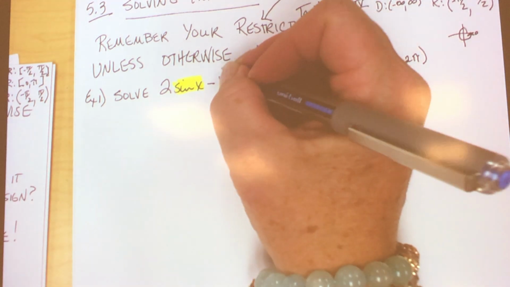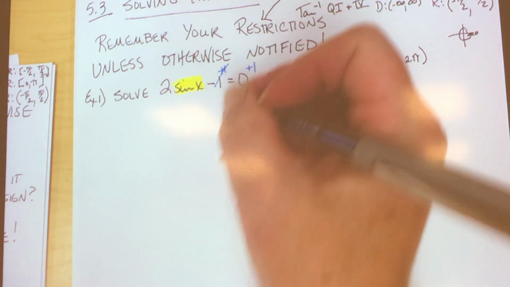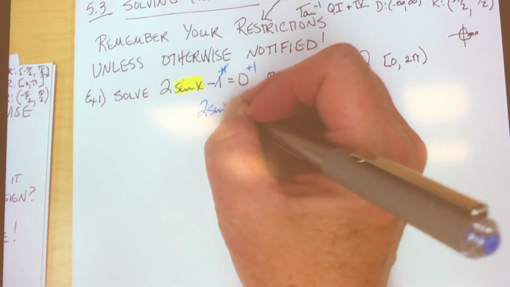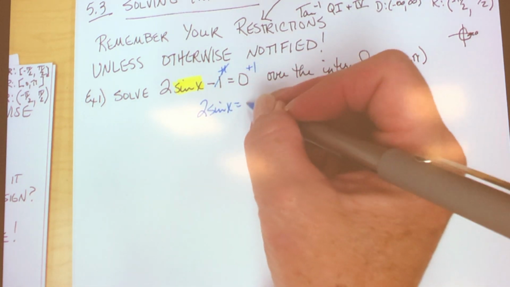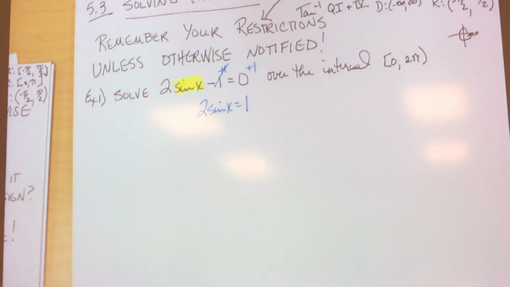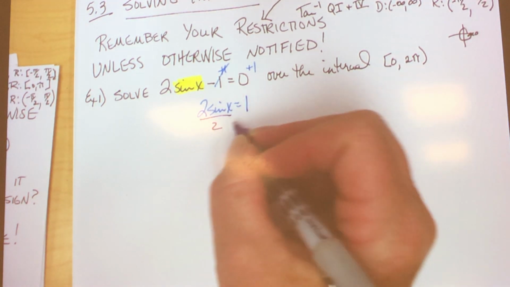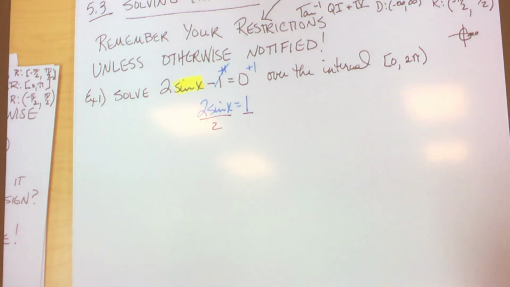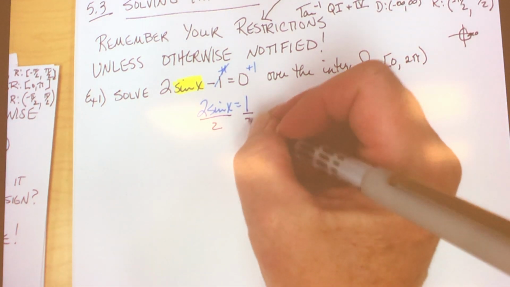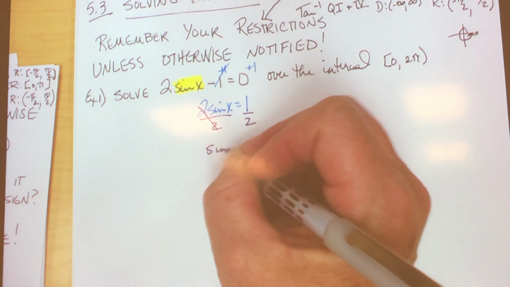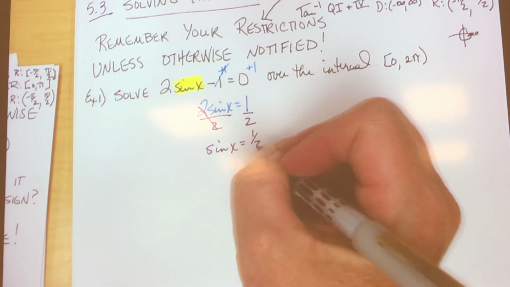Plus 1 to both sides. Very good. So now I have 2 sine x is equal to, what's 0 plus 1? 1. Now what do I do? Yes, divide by 2. If you solve for it, it means give me by myself. So now I got sine x is equal to 1/2.